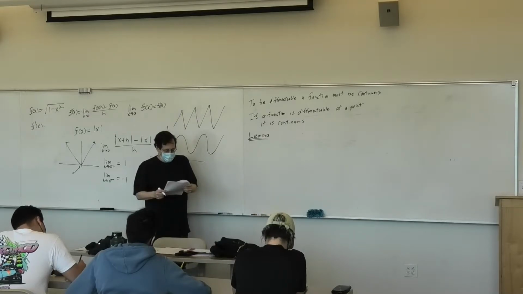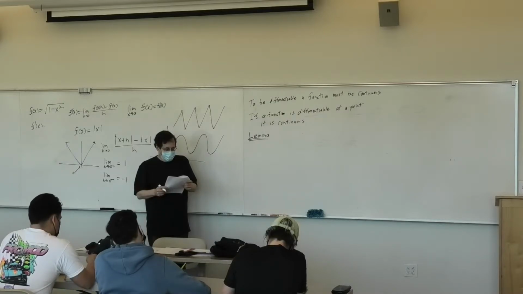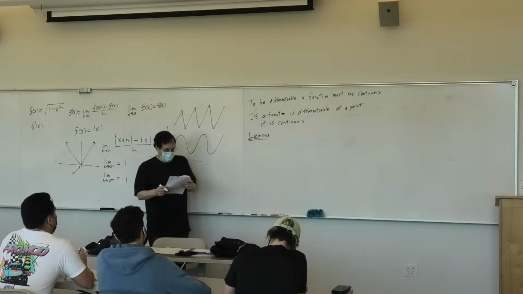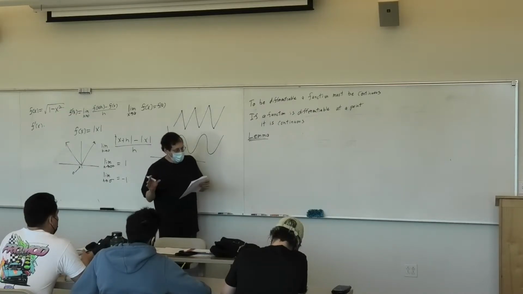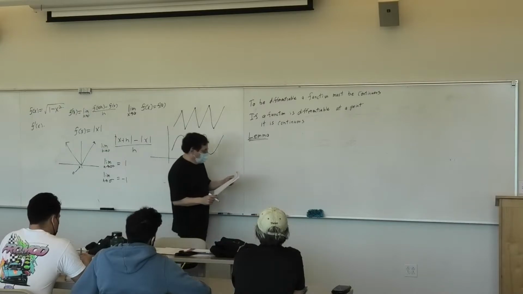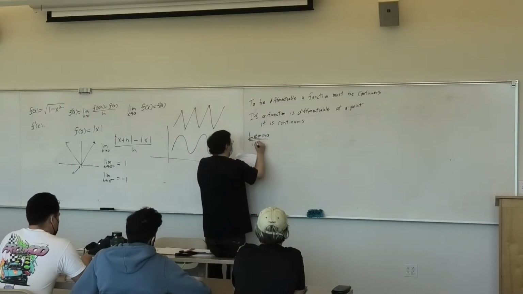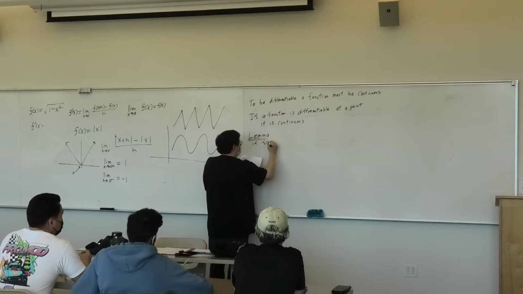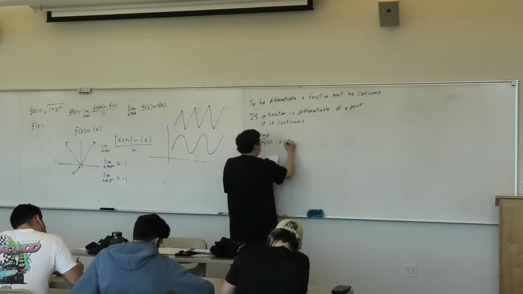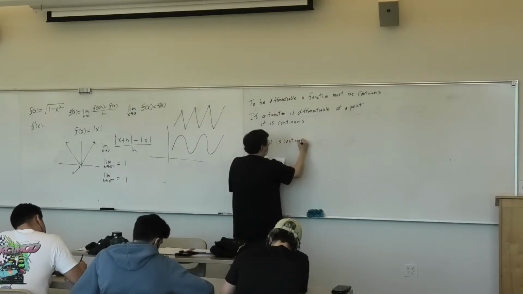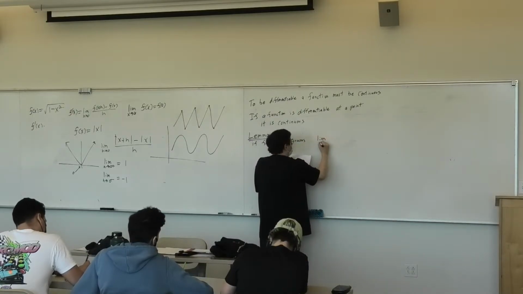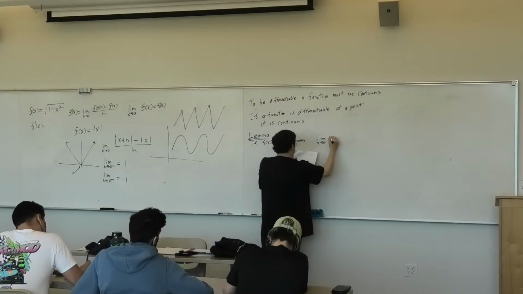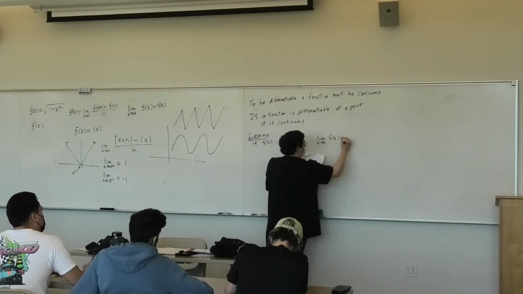All right, so we're going to start. I'm not going to give away what we're proving yet, but if f of x is continuous, then by definition, the limit as x approaches a of f of x equals f of a.